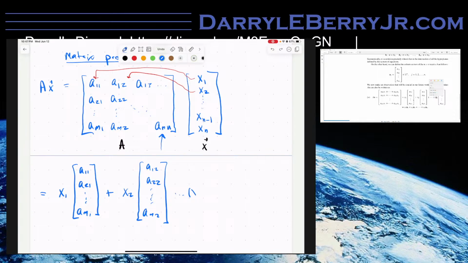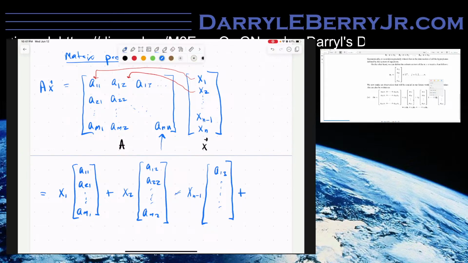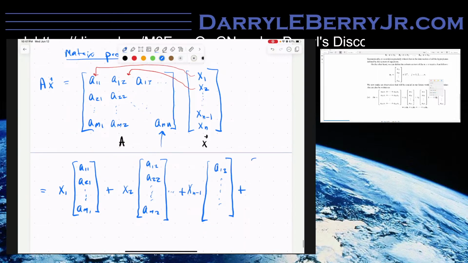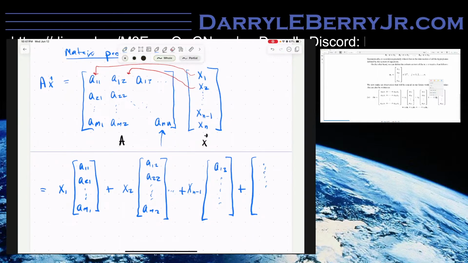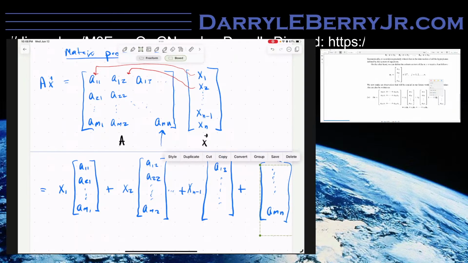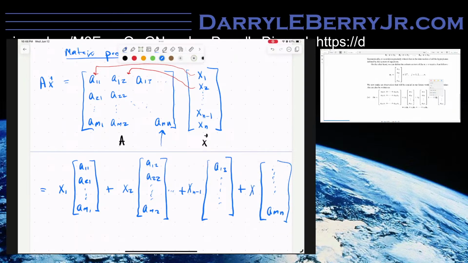We have x n minus 1, which will also go to the next column. I just wrote A13 in that one, and then just left the rest of them dots. And then we'll have the last column, it should be a plus, so some dots, then a plus. I'll write that column the same as well, Amn. I need to add a little bit more room for my xn. That's basically what they did on that step.